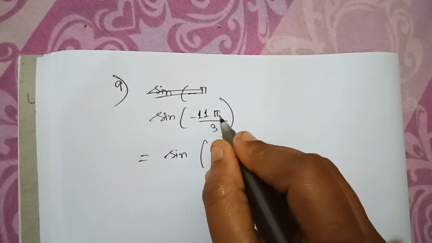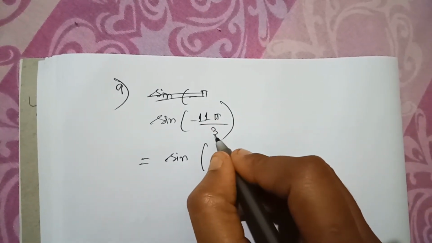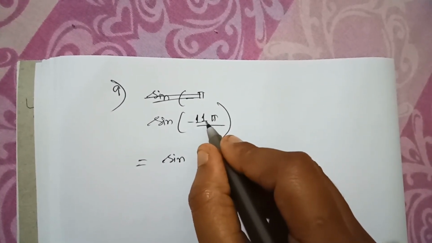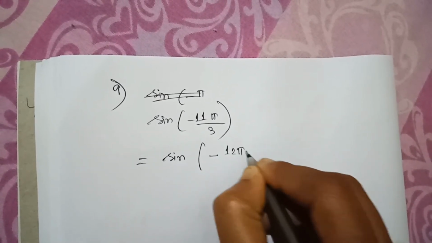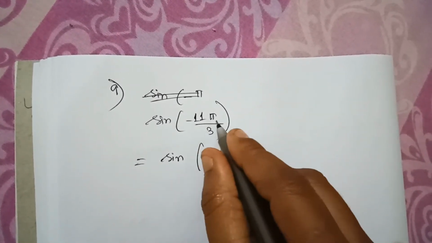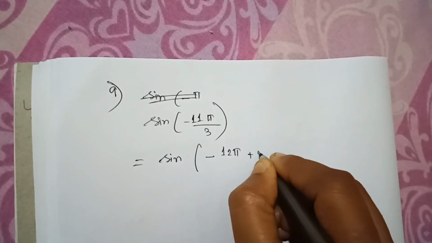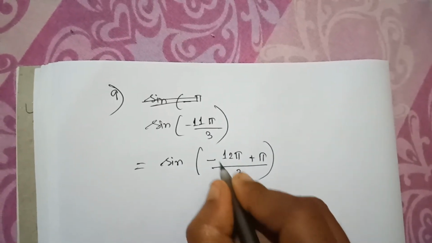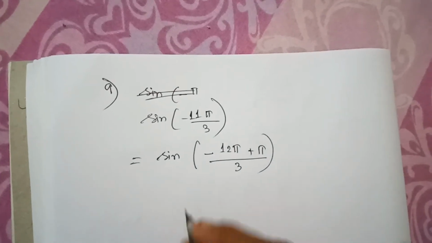Now 11 pi, we will make it anyhow the denominator's multiple. So the nearest multiple is 12. So it's 12 pi minus 11 pi, that means minus 12 pi plus pi equals minus 11 pi. So we can break minus 11 pi this way.